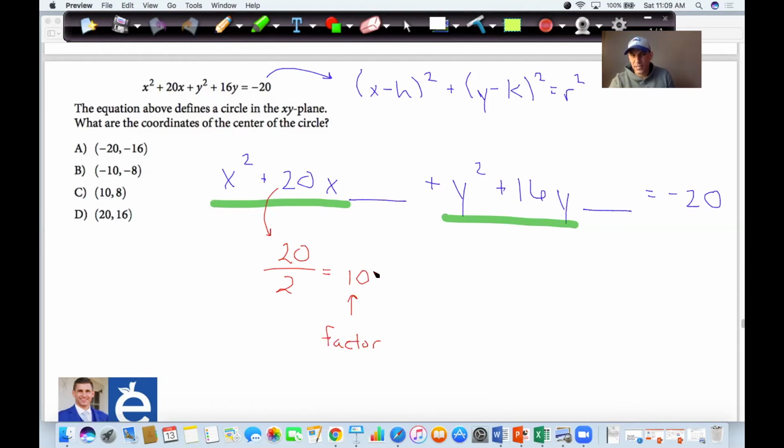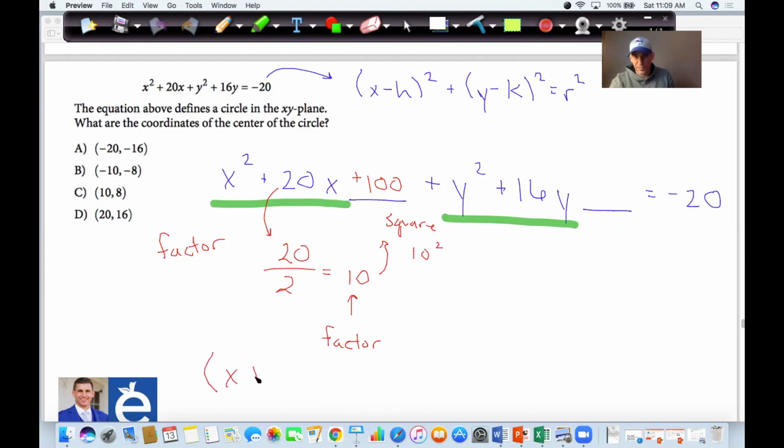Now I take this value and square it. When I square 10, I end up getting positive 100. This is always going to be a positive value here. If I factor this, which two values multiplied together give me 100 but when added together give me 20x?